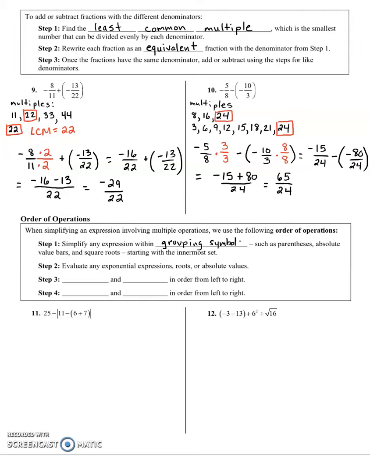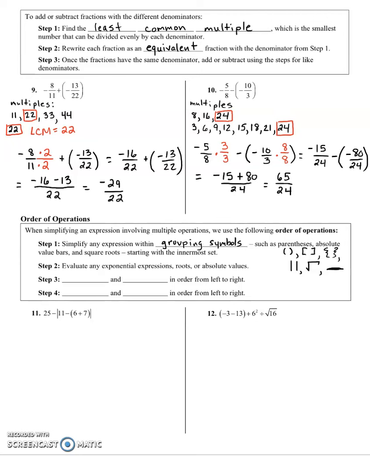So grouping symbols can be parentheses, they can be square brackets, they can be braces, it can be absolute value, it can be square roots, and also a fraction bar. So the fraction bar says simplify numerator, simplify denominator, and then do the fraction division.